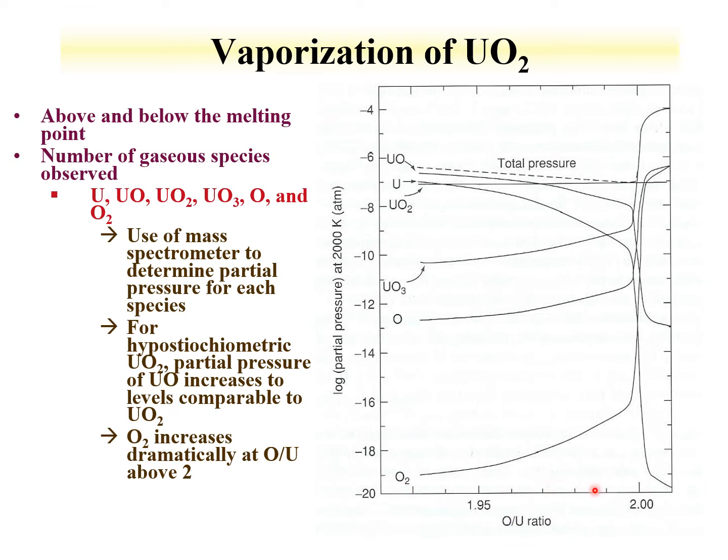And as again we see, as we hit 2.00, we see this inflection. We see a change of not only the total pressure, which is shown here, total pressure jumps up above 2.0, but we also see a change of the species. And again, this is useful for determining the exact ratio of oxygen to uranium.